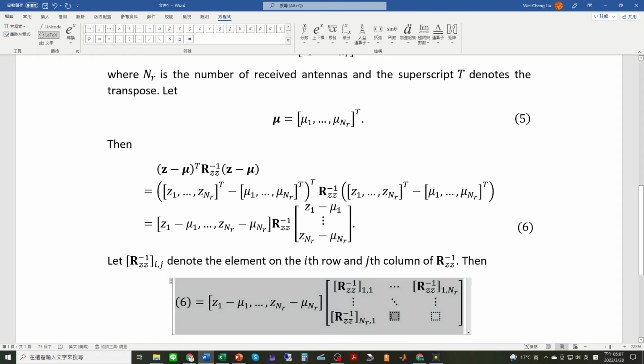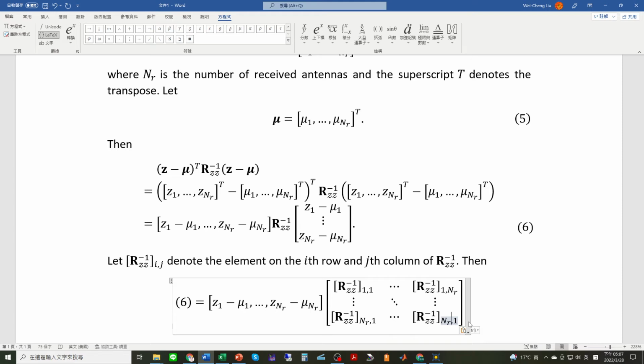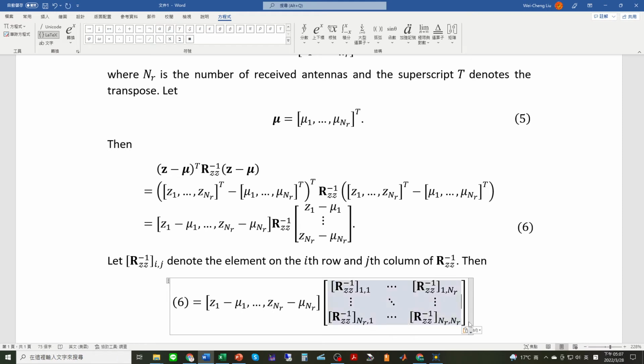And this is the C dots. Okay. And finally, the last element is RZZ inverse NR. Okay, like this. And the next vector is the same.